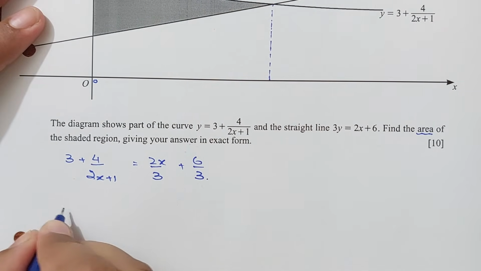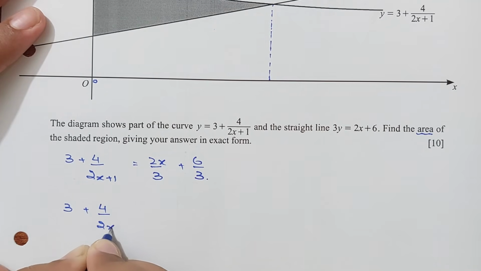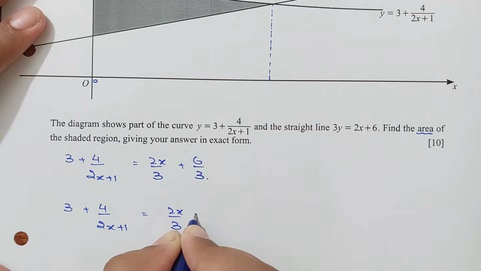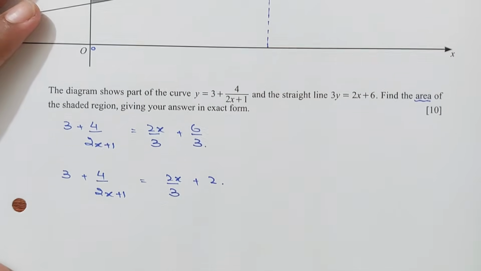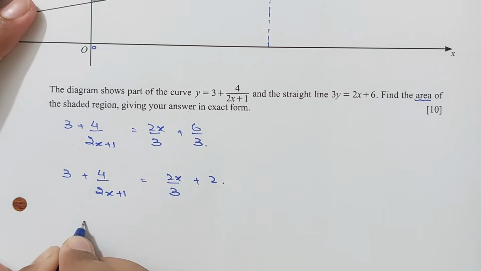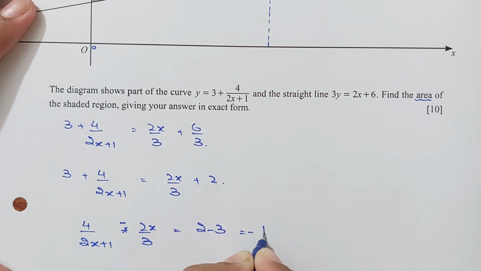Solving for x, we have 3 plus 4 divided by 2x plus 1 equals 2x over 3 plus 2. Okay, let me combine the x terms. So we have 4 over 2x plus 1 minus 2x over 3 equals 2 minus 3, which is negative 1.